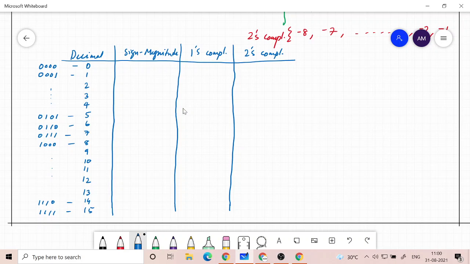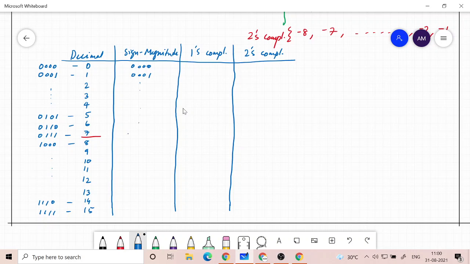Now, sign magnitude form. What we are going to say is that the first half, we will treat as positive numbers. So in sign magnitude form it is the same, no difference, 0 0 0 0, 0 0 0 1. So the first bit is basically denoting the sign.